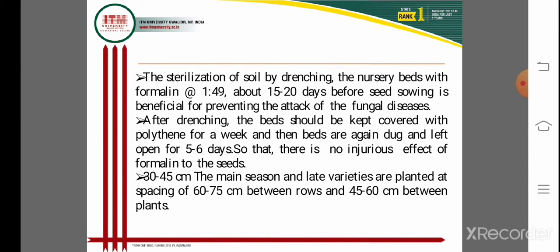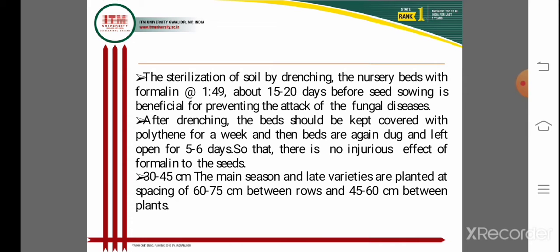Sterilization of the soil by drenching the nursery bed with formalin at 1:49 dilution, about 15 to 20 days before seed sowing, is beneficial for preventing attack of fungal diseases.